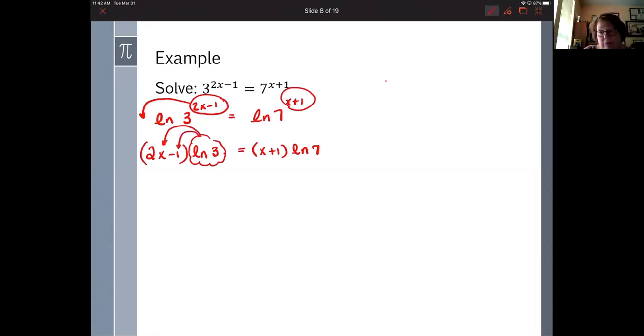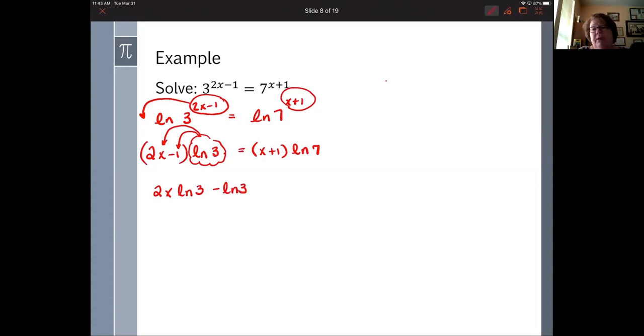It's just a number, but we're going to leave it in its exact form, written as the natural log of 3. So I have 2 times x times the natural log of 3 minus the natural log of 3.